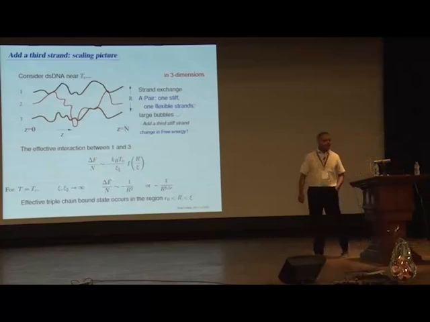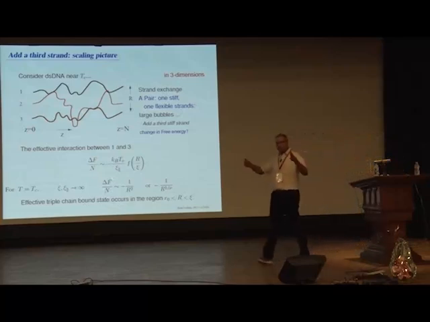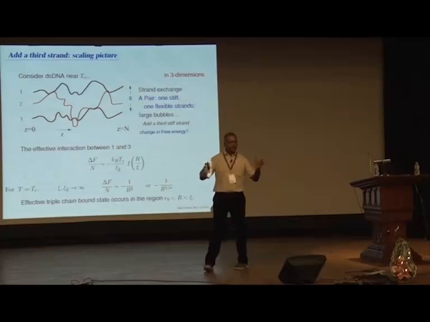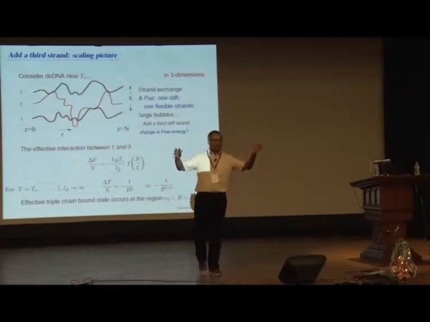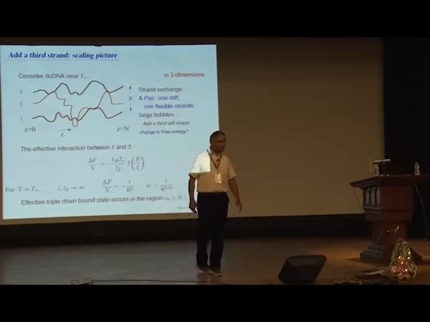This is something extremely unusual, because this change in free energy is the effective interaction between 1 and 3, and this argument tells us that these two strands of DNA interact because of thermal fluctuation via a long range interaction which goes like 1 over R square.